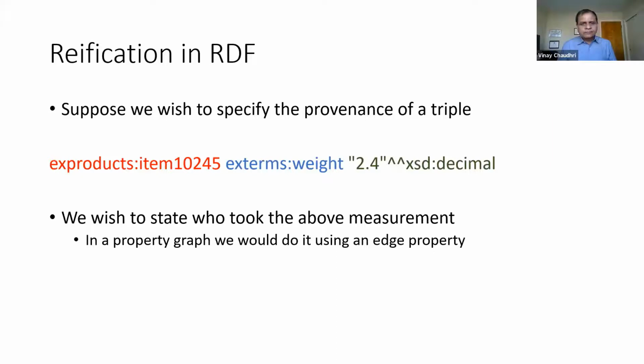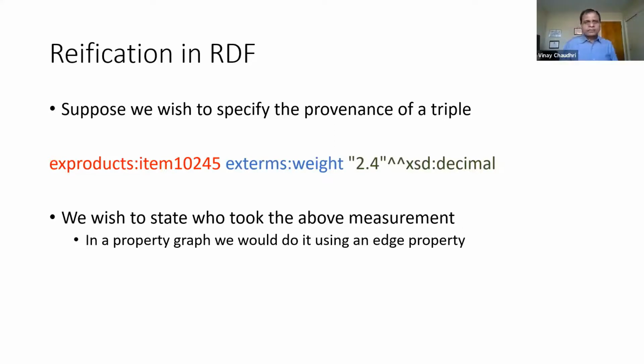And we need to state that this measurement was taken by a certain person, right? If we were using a property graph model, we would just have an edge property and we would be done. But we are doing the modeling using RDF, and in RDF, we don't have edge properties. So what do we do?